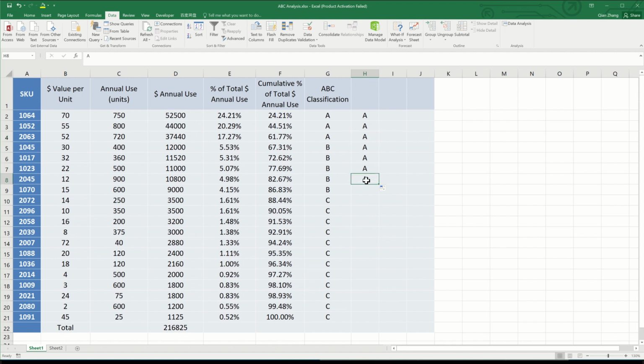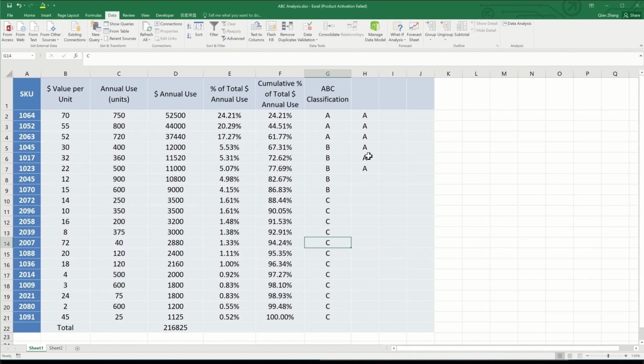So we just pick up the first several SKUs for the A category. But here is another thing you need to notice: even though we want 80%, we also care about the percentage of SKUs. If you choose too many SKUs here, you need to care about a lot of SKUs.